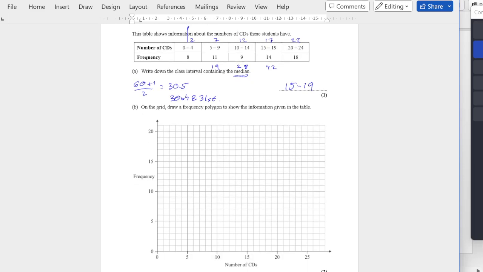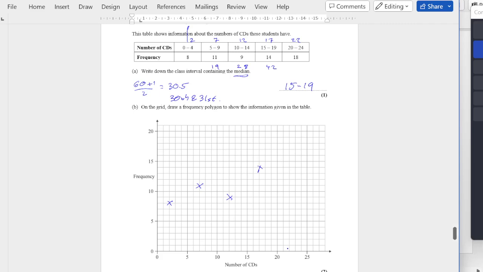So I plot my first point at 2, 8. My second value at 7, 11. Then we've got 12 and 9. Then we've got 17 and 14.